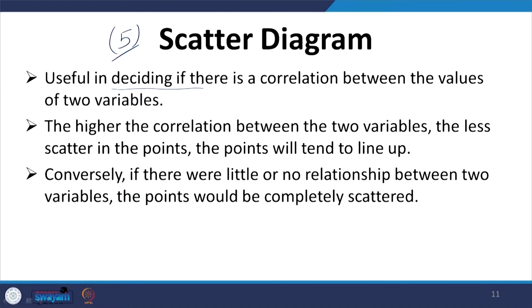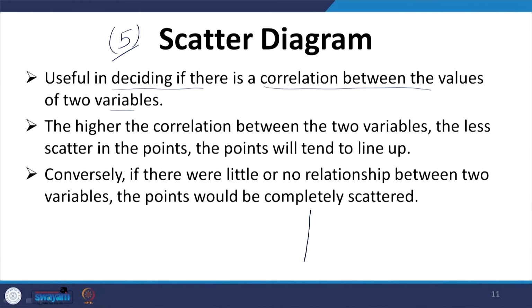So, it is useful in deciding if there is a correlation between the values of two variables. It is to some extent a regression analysis kind of thing, that how two particular variables are moving, whether you have this type of values of two variables x and y.